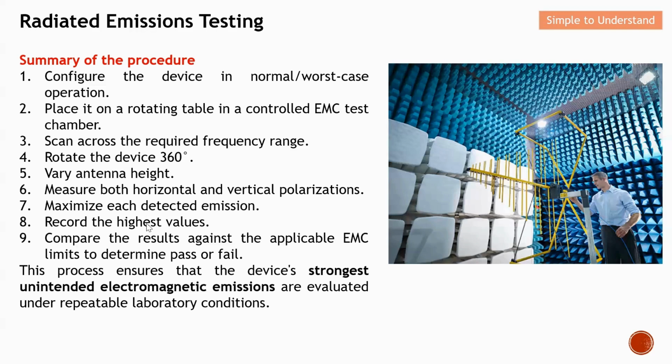We record the highest value under the measurement. Then last but not least, we compare the result against the standard, against the limit line, to determine whether the DUT passes or fails the test. So this process ensures that the device's strongest unintended electromagnetic emissions are evaluated under repeatable laboratory conditions.